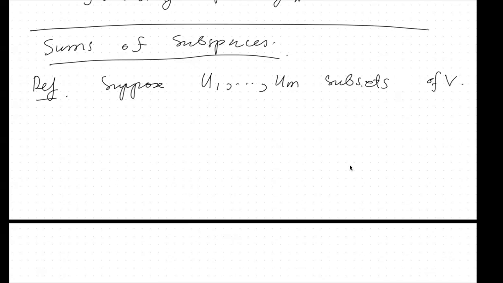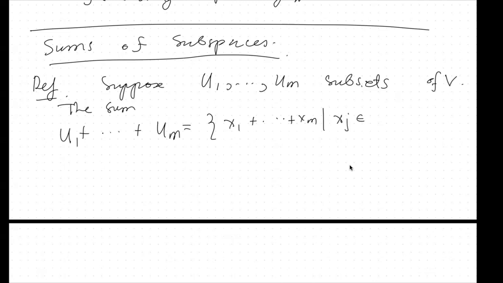And then the sum, denoted U1 plus up to UM, is just the set of all sums of the form x1 up to xm, wherein x sub j is in U sub j for j from 1 to m. Example.